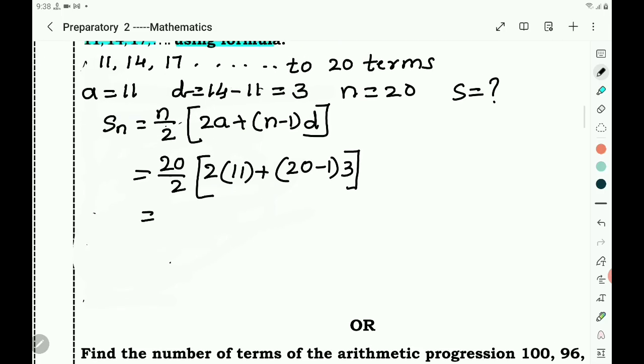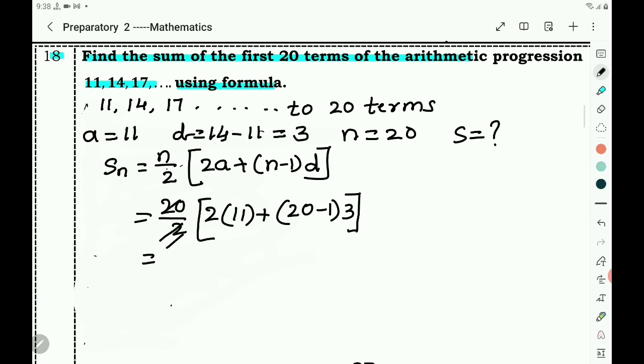Equals 2 ones are 2, 2 tens are, then you write 10. 2 into 11 is 22 plus 20 minus 1. 20 minus 1 is 19 into 3, equals 11.